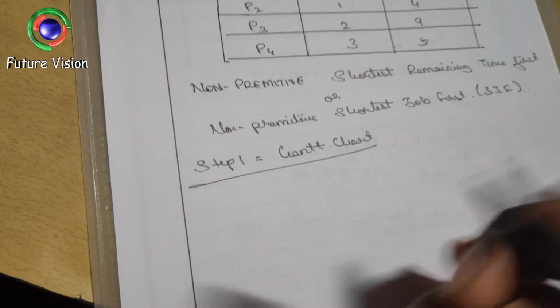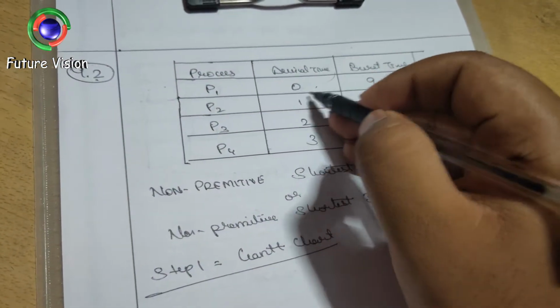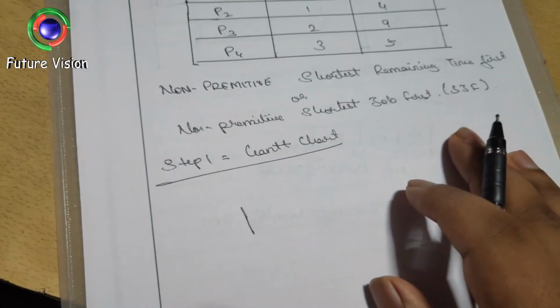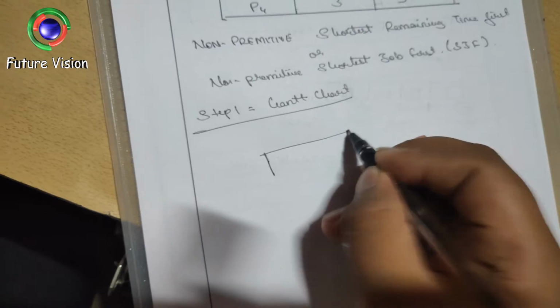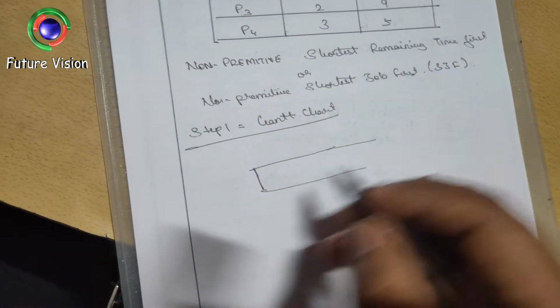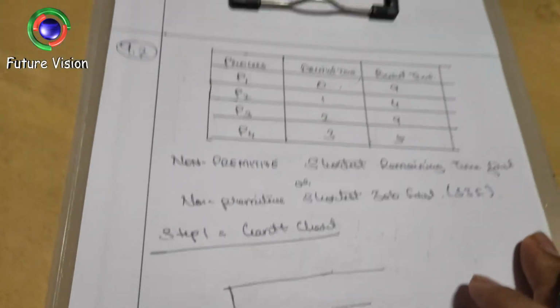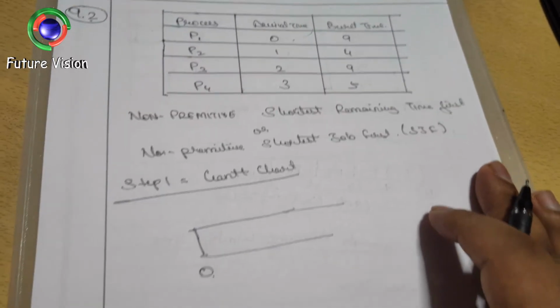So while drawing the Gantt chart, we have to see the arrival time as well as the burst time. So first draw this. As always, it starts from 0th millisecond. Now P1 arrives at 0th millisecond with burst time 9.